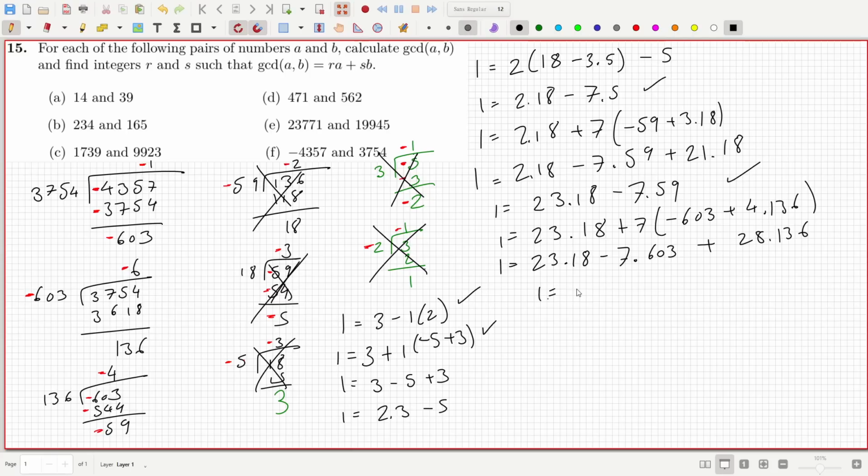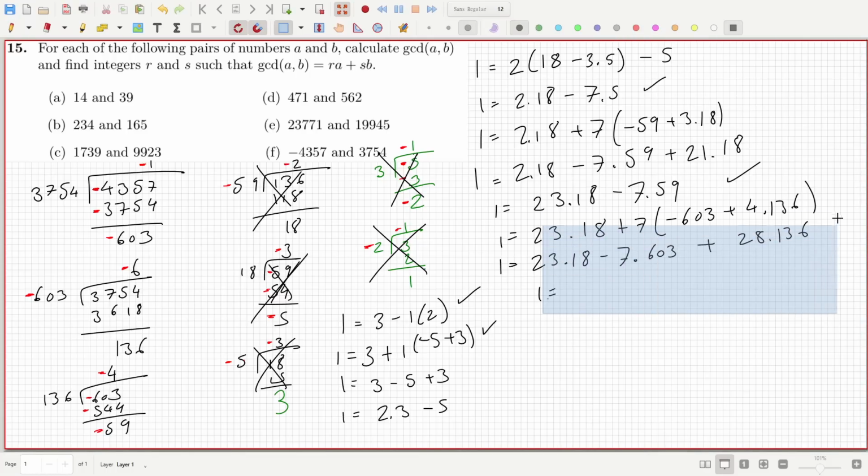Yeah, something with the 2 times 18 doesn't seem right. Oh, that's annoying. I think I skipped the step actually.